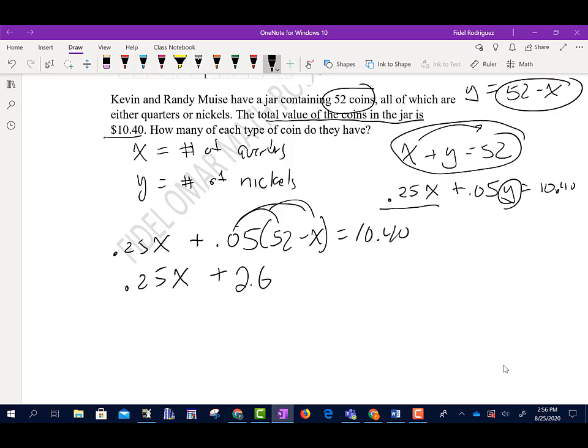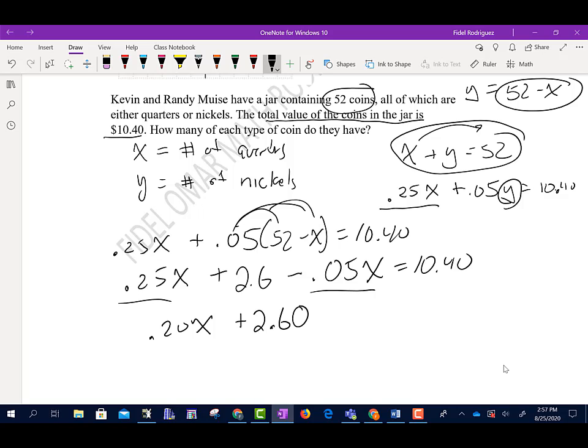Now 0.05 times negative x is just going to be a negative 0.05 with an x. It's equal to 1040. Okay, so we can combine those together. 25 cents minus 5 cents would give me 20 cents. I can think about that as $2.60 if I want to.